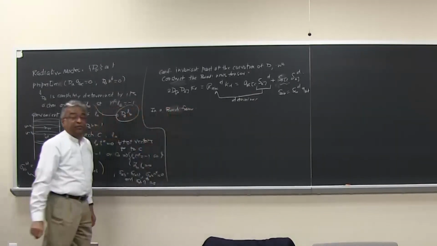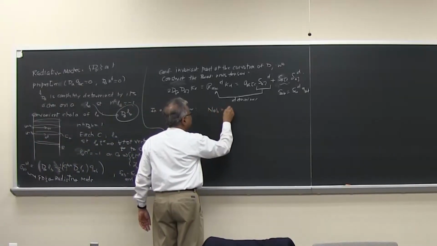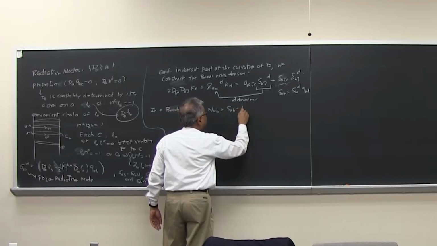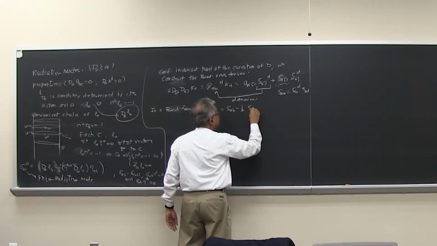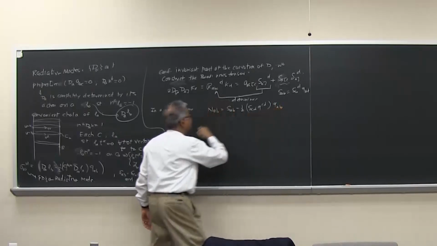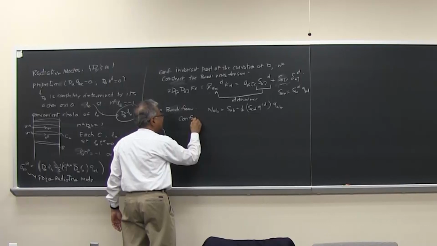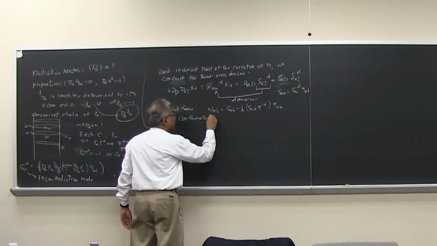We go to a Bondi frame just to kill the conformal freedom, and in the Bondi frame, the news tensor is given by S_AB minus 1/2 S_CD Q^CD times Q_AB. I'm just stating these facts, that this is actually conformally invariant.